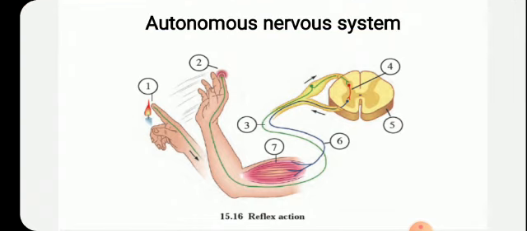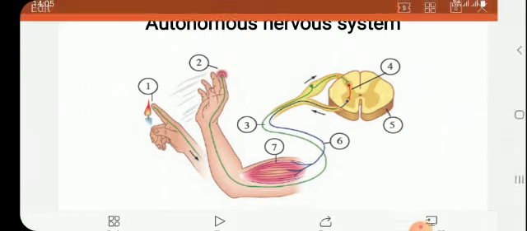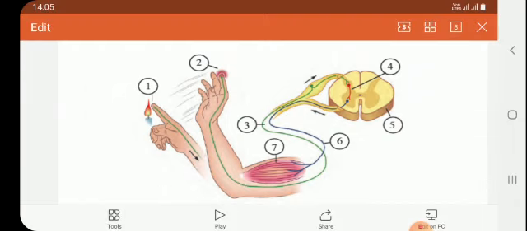In the second case, we observe that our finger is burning because of that candle. In the third, come to number 3. This message of burning is passed by the sensory nerves. The sensory nerve is passing this message, and where is it going?